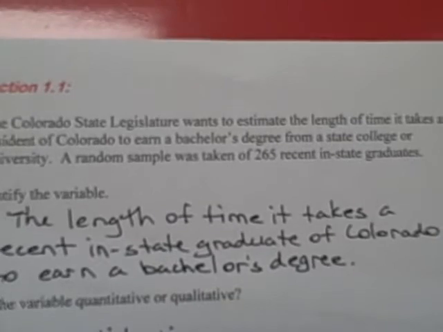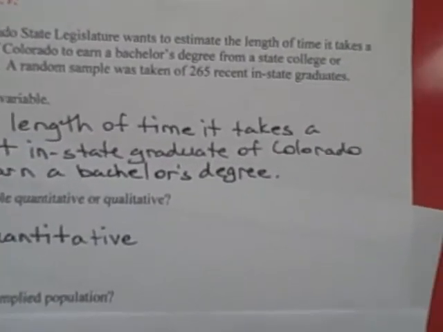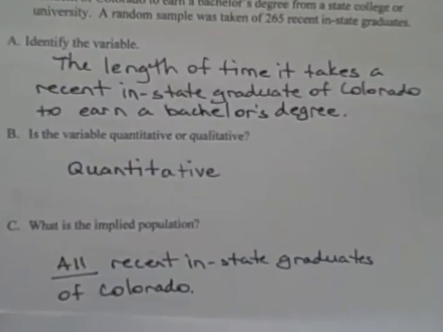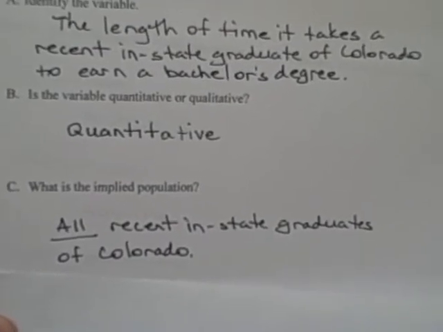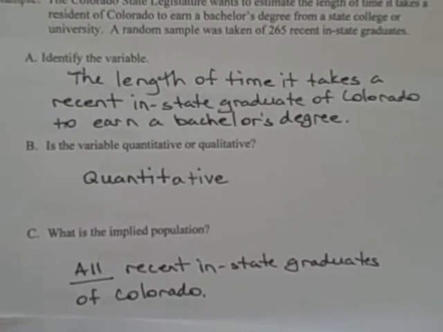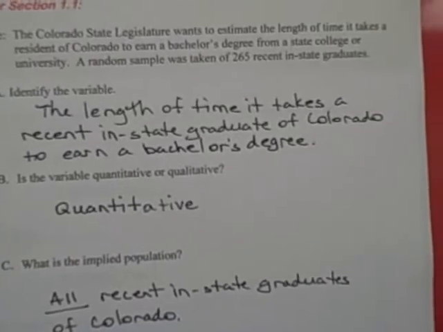So since our sample is taken from recent in-state graduates, that's going to be our implied population. It's going to be all recent in-state graduates of Colorado. Okay? So you always have to ask yourself, where did my sample come from? That's my implied population. Okay?